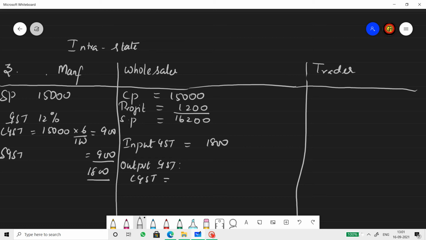So CGST would be 16,200 into 6 by 100. 2 zeros get cancelled and we get 972 rupees. So that means SGST will also be the same amount. Correct or not? Yes.